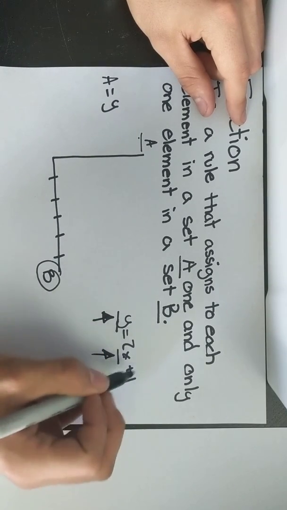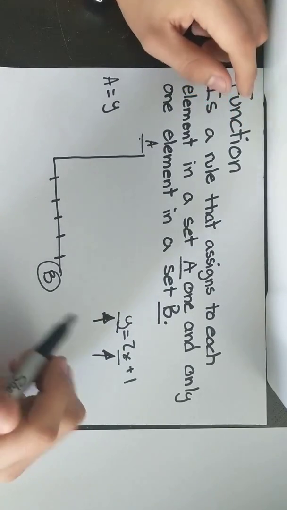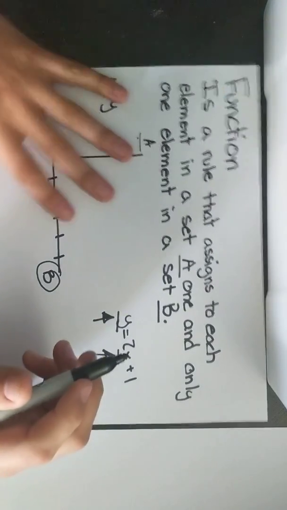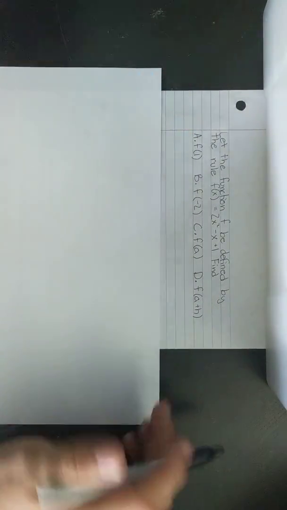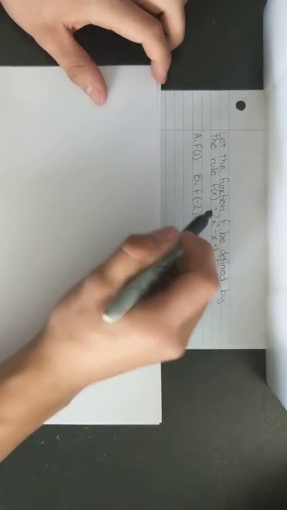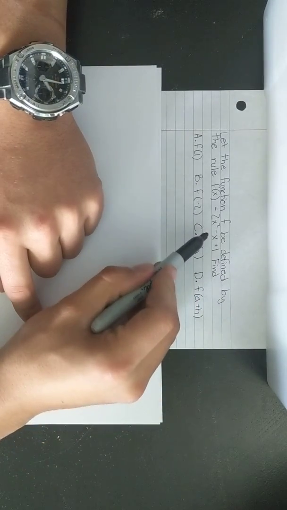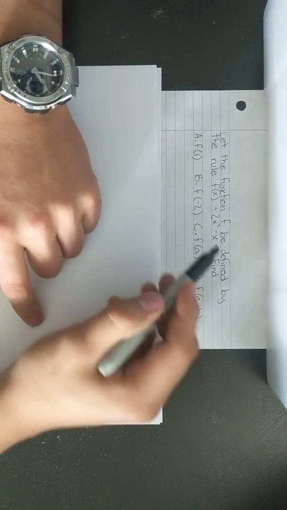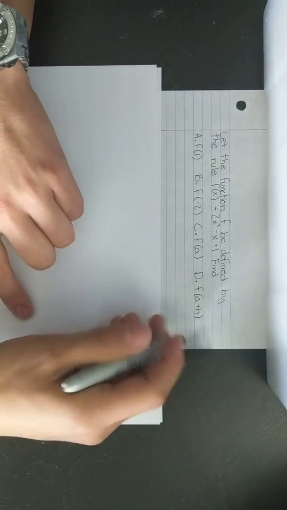If this is simplified down, we're going to do a few examples on how this works. Okay, so we see this. Let the function f be defined by the rule f of x equals 2x squared minus x plus 1, and you need to find these values.